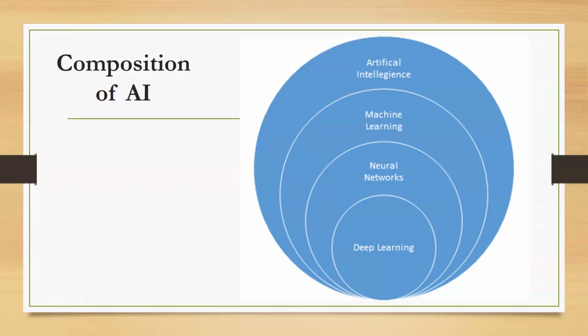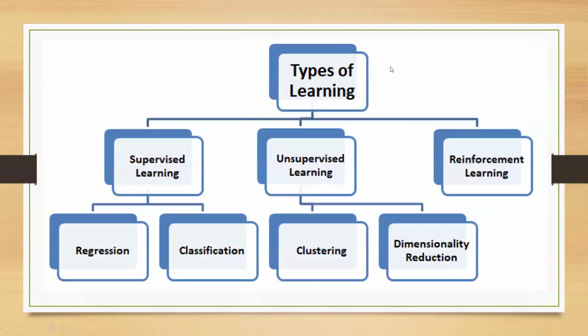It's like a more complex brain. When you're building a system with a more complex brain and deeper patterns, we talk of deep learning. Deep learning is part of neural networks, neural networks are part of machine learning, and machine learning is part of AI.